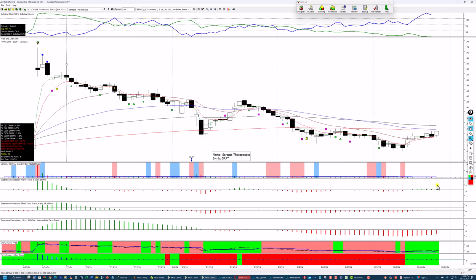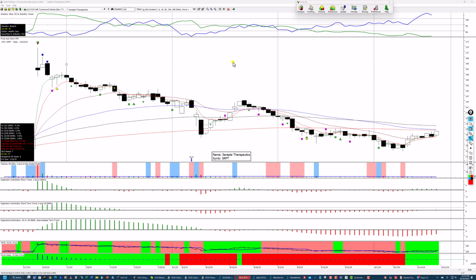Let me bring this over here. You can see that the 6 crossed the 18, and the 3 has already crossed the 6, and that happened back here. Now the 6 is crossing the 18, and this is the next contextual chart.